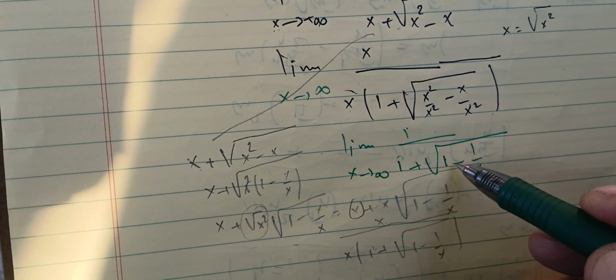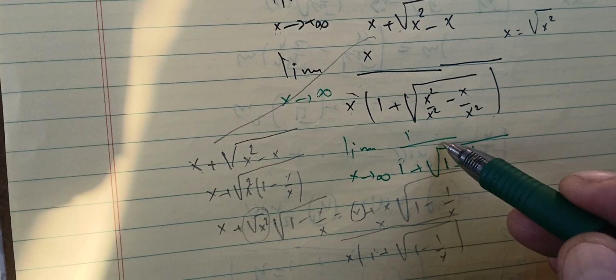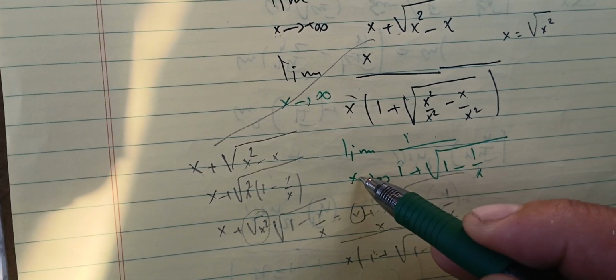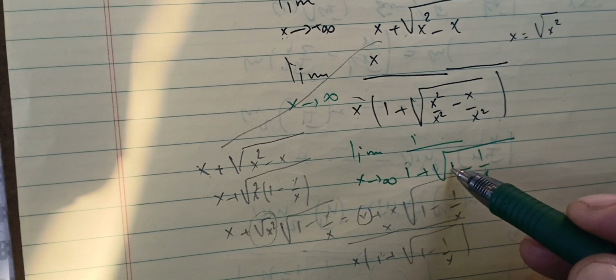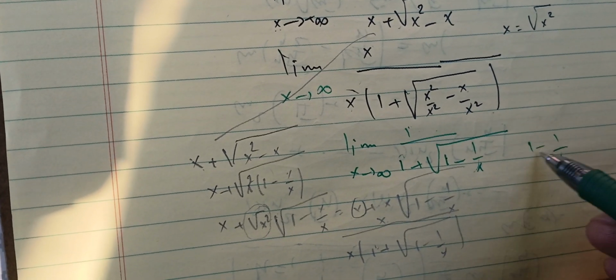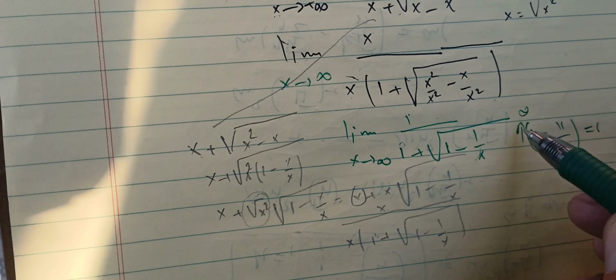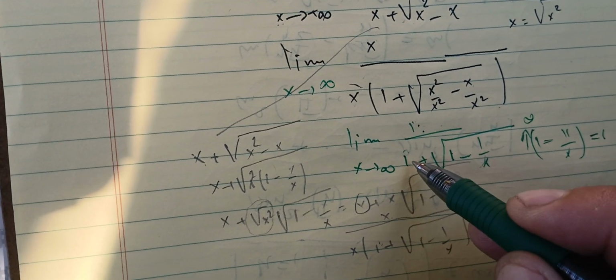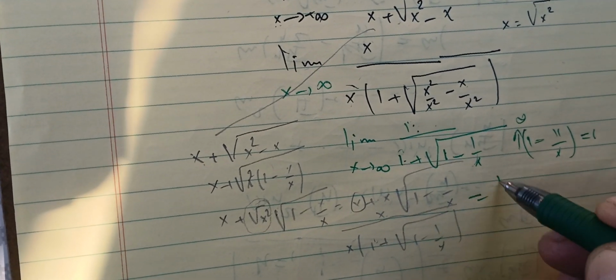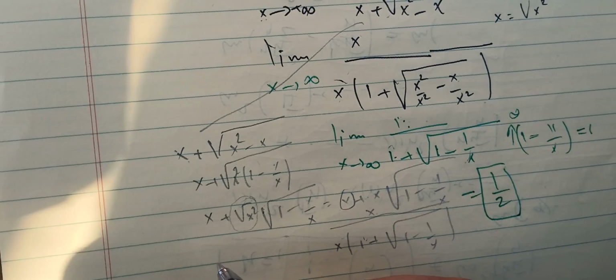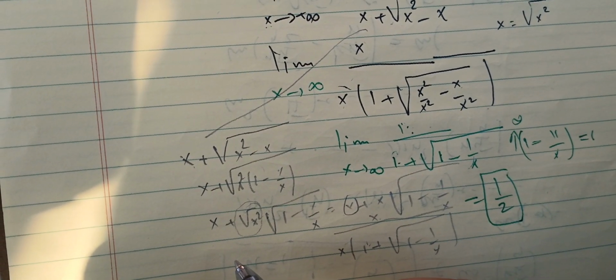We can enter the limit inside, because the square root is a continuous function. So I have the limit of 1 minus 1 over x as x goes to plus infinity, which is 1. Therefore I have 1 over 1 plus 1, which is 1 over 2. So this is the limit.